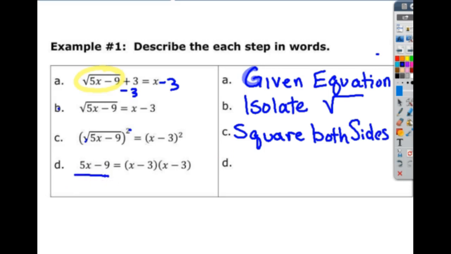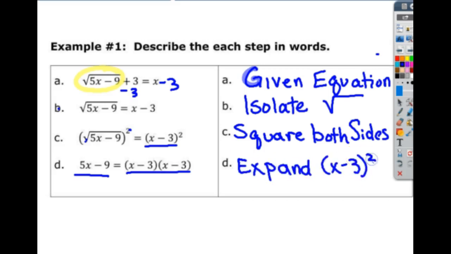The square and the square root cancel each other out. And then this is equal to that. This is in the expanded form. We expanded this so that we can multiply it out correctly.